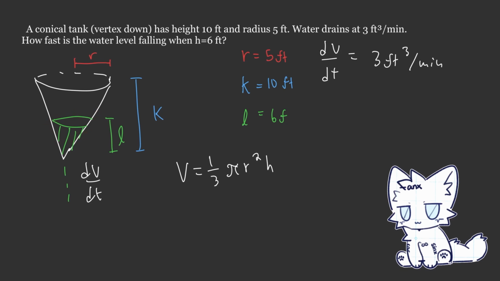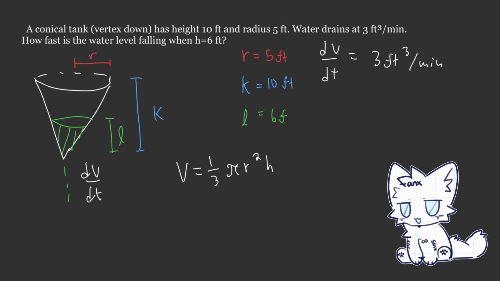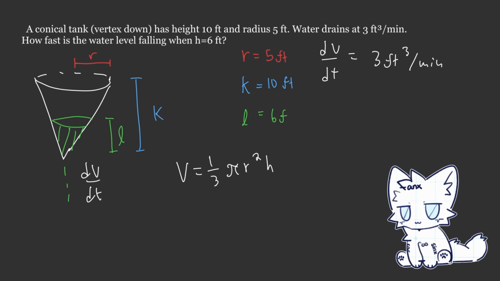So knowing that, we can't immediately just start by using these variables, because if we started and plugged that in, it would assume that our water height is starting from up here, and the rate at which the water is falling would be different, or it wouldn't work.